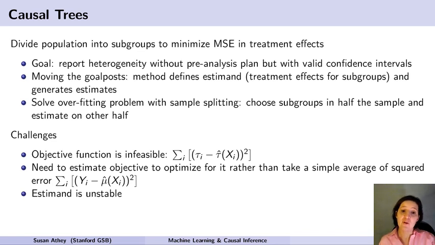Well, if we're trying to optimize my subgroups for treatment effect heterogeneity, what we are interested in is not mean squared error of outcomes, but mean squared error of treatment effects. However, as we've discussed, the fundamental problem of causal inference is that we don't observe individual treatment effects. So we don't know exactly how to apply these existing off-the-shelf methods because the objective is infeasible.